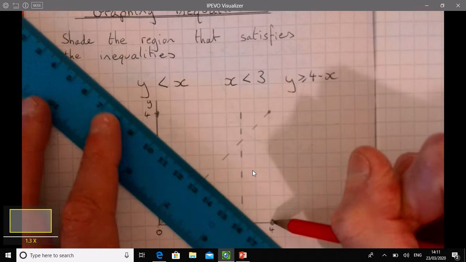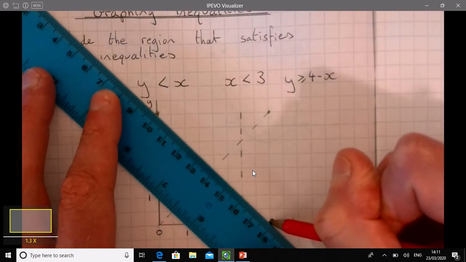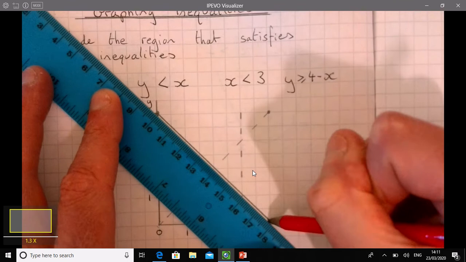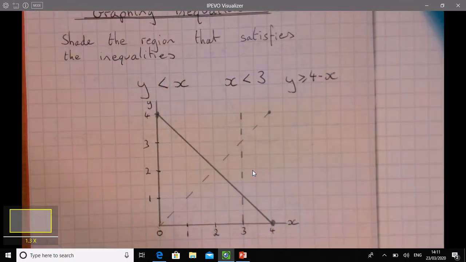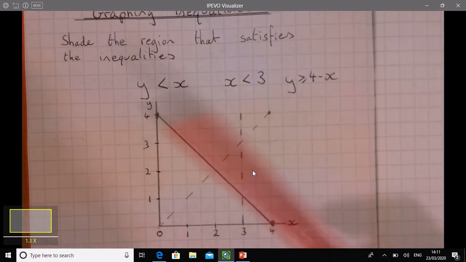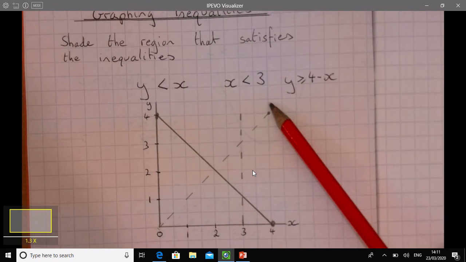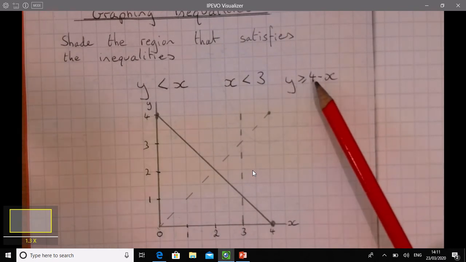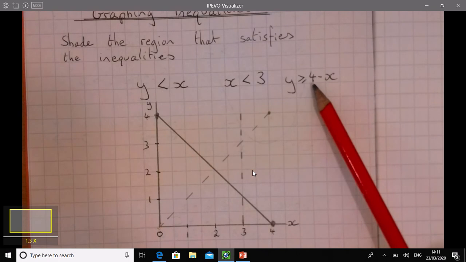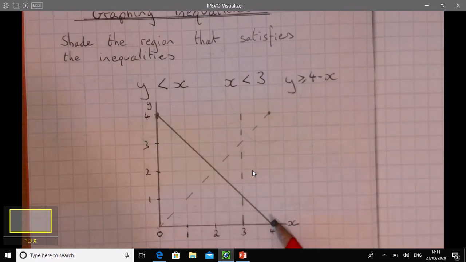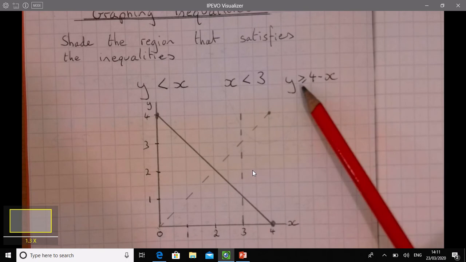And now this time, I'm not going to draw a dash line. I'm going to draw a continuous line. Okay, so just look at why I've done that as a continuous line. These are dash lines. This one is y greater than or equal to 4 minus x, so this is the line y equals 4 minus x, but it includes it.